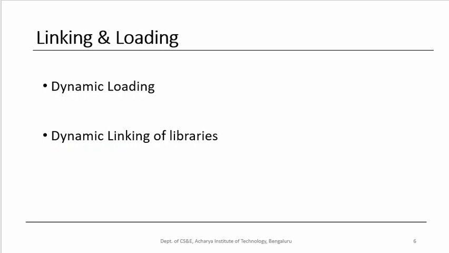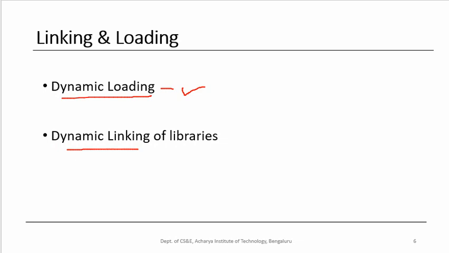Let me quickly tell you once again the difference between dynamic loading and dynamic linking. In dynamic loading, the whole program is not loaded into the main memory, but only the main part of the program, and as and when required, the remaining parts are brought into main memory.